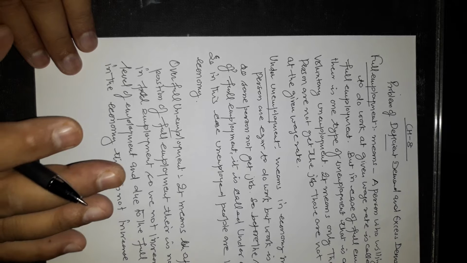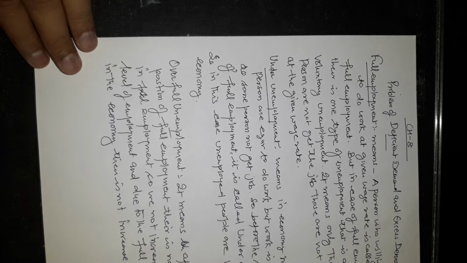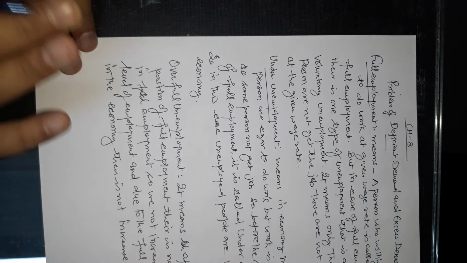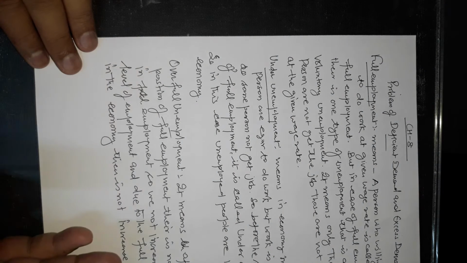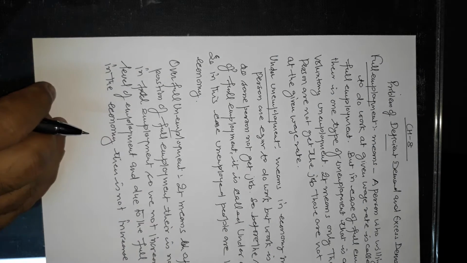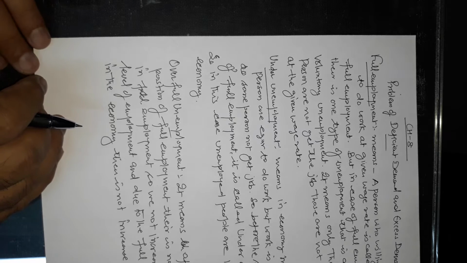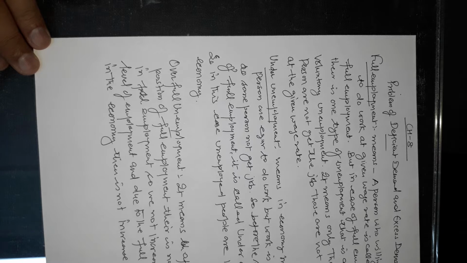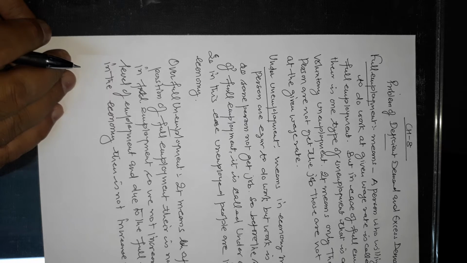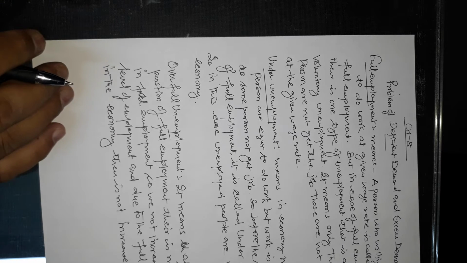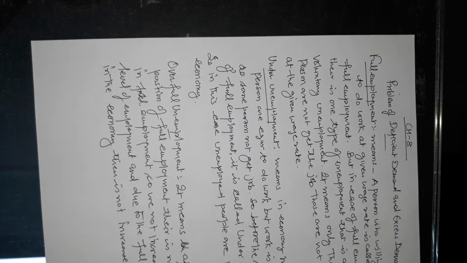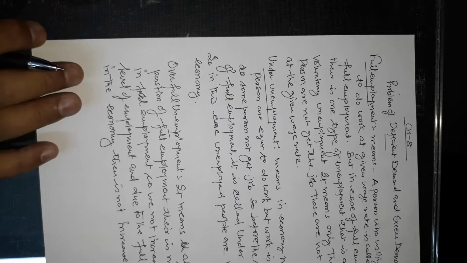So full means all persons who are eager to work, they get the job. Under means before the full employment, and over full means after the full employment. So with the help of this we can easily define what is the deficient demand and the excess demand. But there is some other type of unemployment also there.